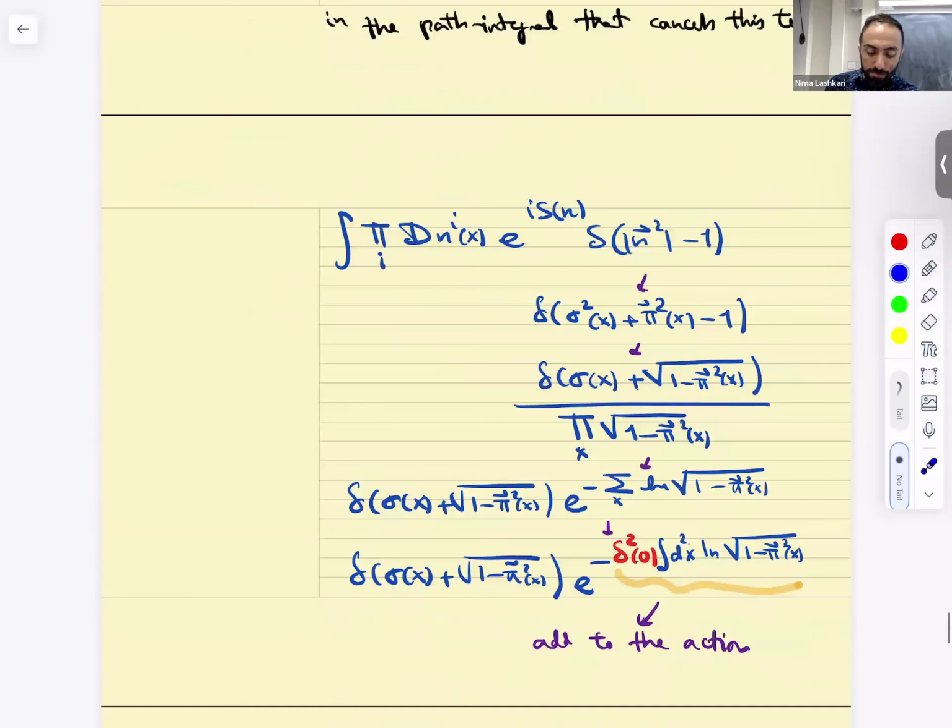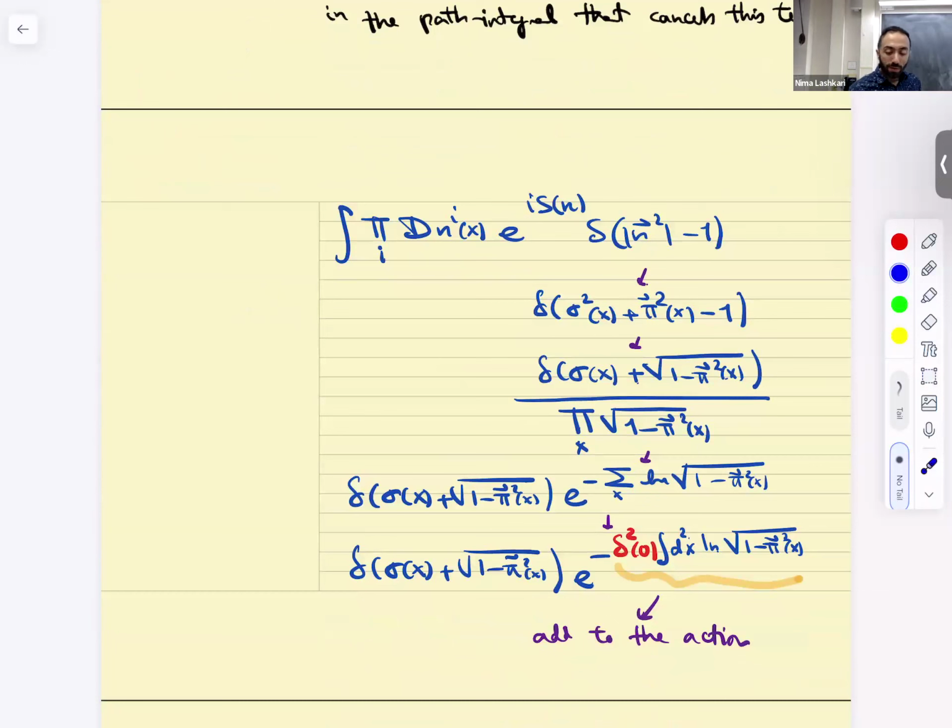To see where it comes from, here's the argument. This is the path integral over the field n_i. This is the action for the field n_i. And here is the constraint. I said you exponentiate this, but I lied a little bit. I was too quick. This Dirac delta function is not a constraint on the value of the field n.